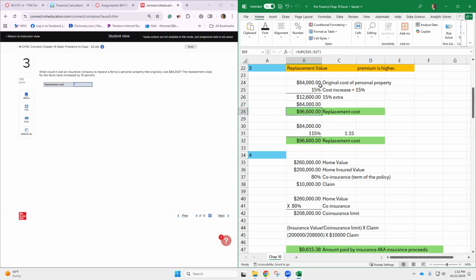So if they lost all of their property, to replace it would take $96,600. A quicker way is to take the original amount times 115%, which gets you the same answer.